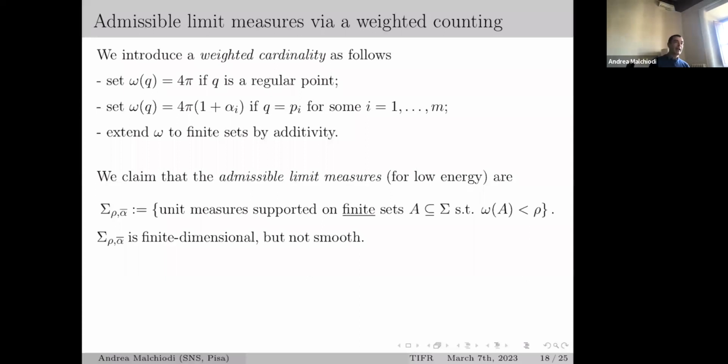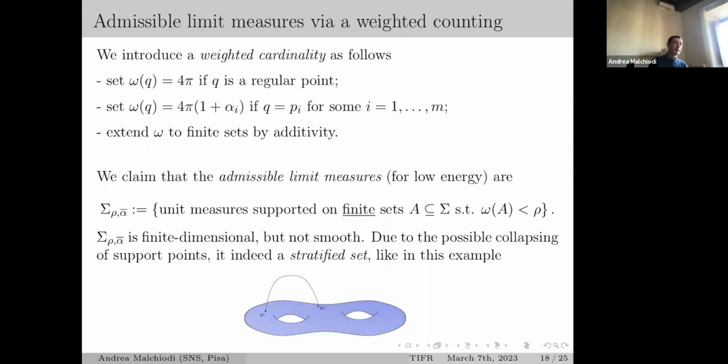Okay, so what can you say about this set of possible concentrations? So these are measures, okay? They will be formal sums of Dirac masses, okay? Because you only have a concentration at finite points. Okay, so this is in general a finite dimensional set, but a non-smooth set. So it will be a stratified set.